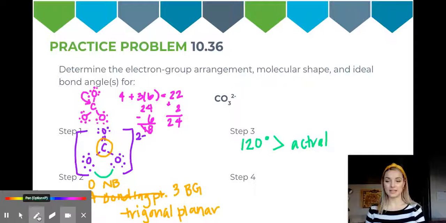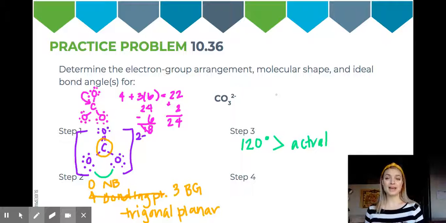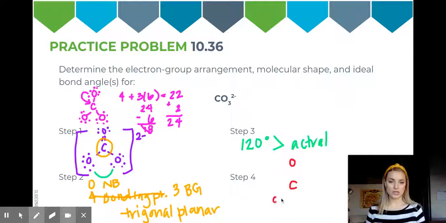All right, finally, step 4 is going to be to draw our molecular shape and name it. So again, we're going to place our atoms relative to one another, starting with our carbon, oxygen, oxygen, oxygen. And since this is a trigonal planar molecule, we are not going to need to use our perspective wedges.